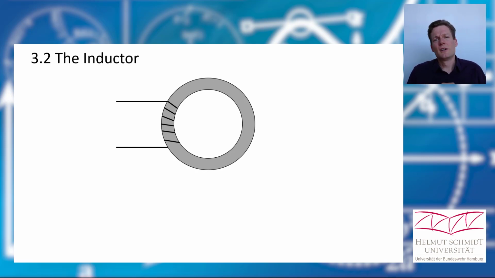Let's have a look. So we have our inductor here, and let's say a small current begins to flow. We know that a current produces a magnetic field, and we will find that magnetic field in our magnetic core.